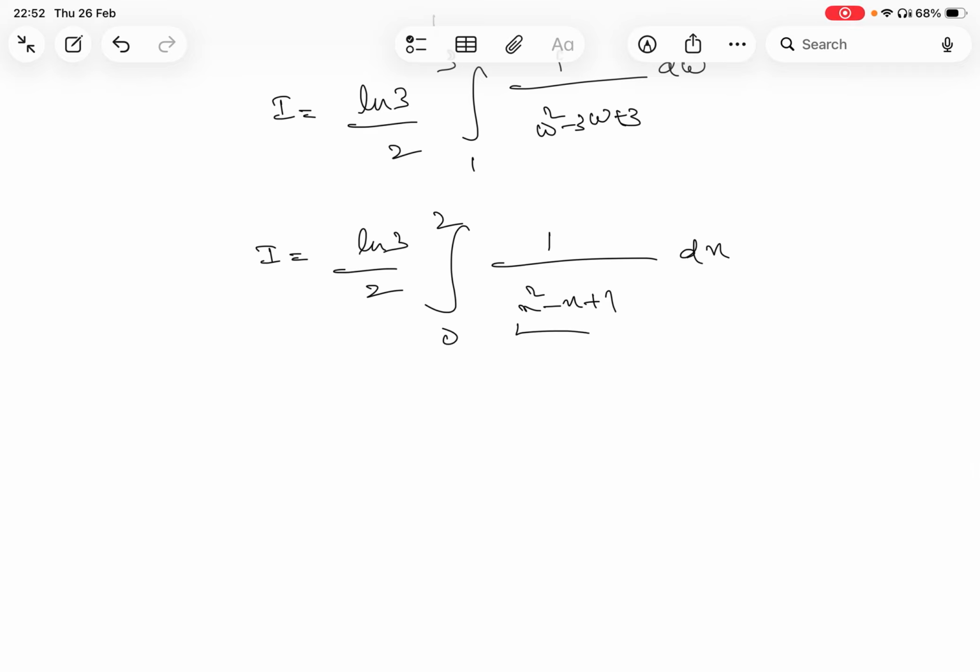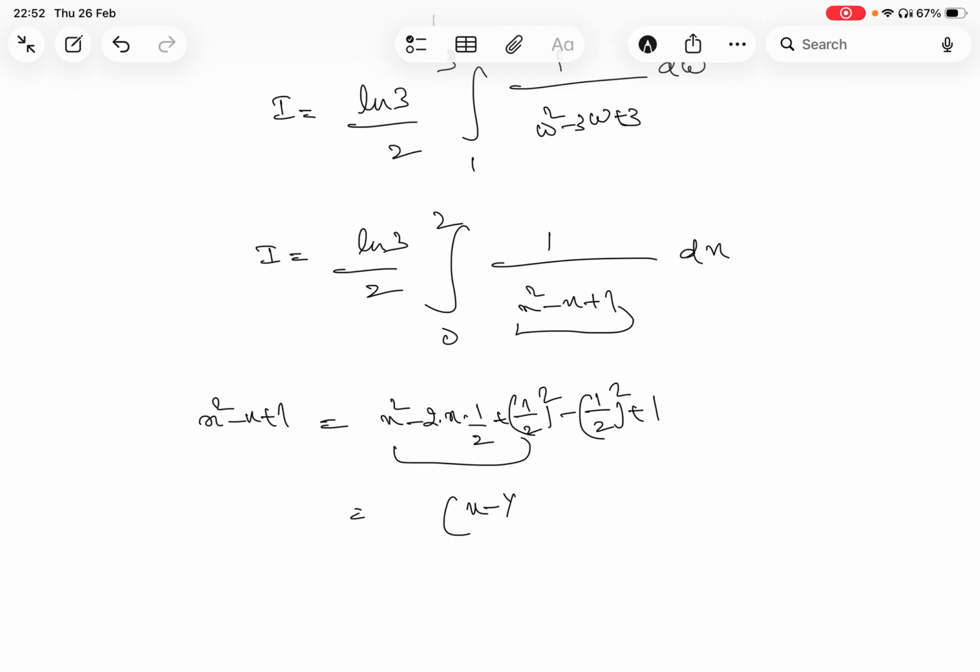Now this denominator x square minus x plus 1 can be written as x square minus 2 into x into 1 by 2 plus 1 by 2 whole square minus 1 by 2 whole square plus 1. In a way, we are making it into the form of a square. So this is x minus half whole square plus 1 minus 1 by 4, which becomes x minus half whole square plus 3 by 4.